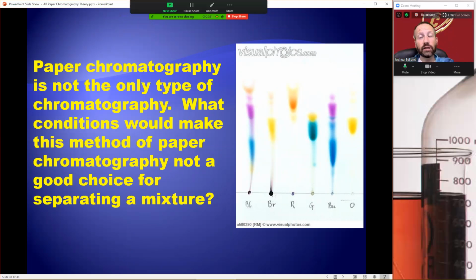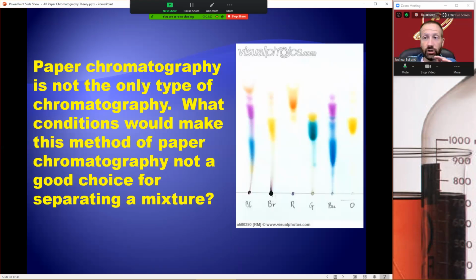Because again, you need something that will bond to both your movable phase and your stationary phase. And so if my stationary phase of the paper is not something it will bond with, then I can't separate it that way. I would have to pick a different stationary phase. And therein lies why we have so many different forms of chromatography. The point of all of them is to pick the right kind of stationary phase and movable phase so that we can separate the mixture we're trying to separate.